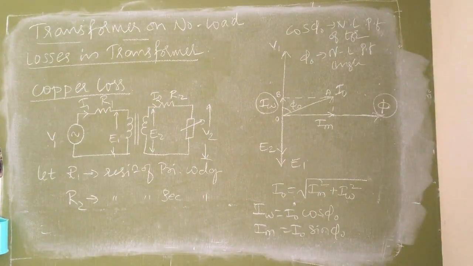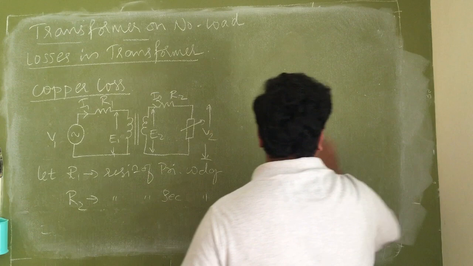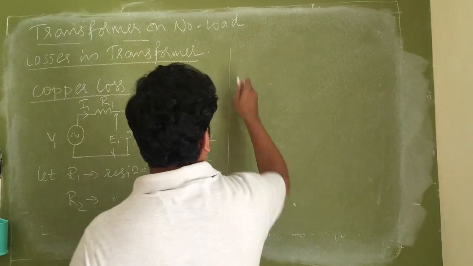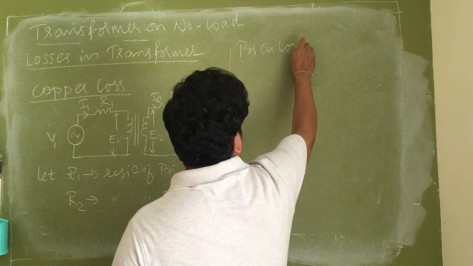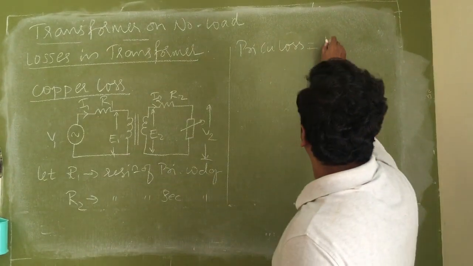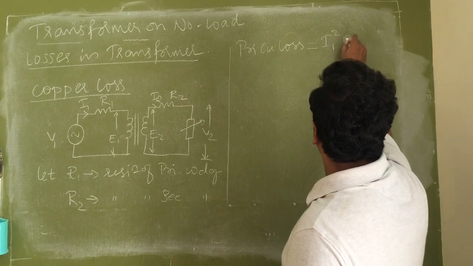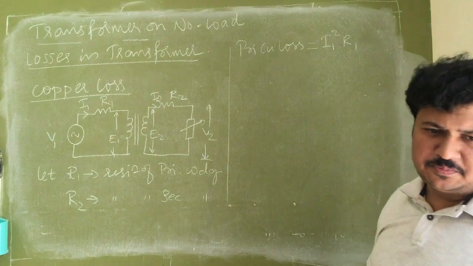Then what are primary copper losses? Primary copper loss is equal to I1 square R1. Current in primary is I1, resistance of primary is R1.